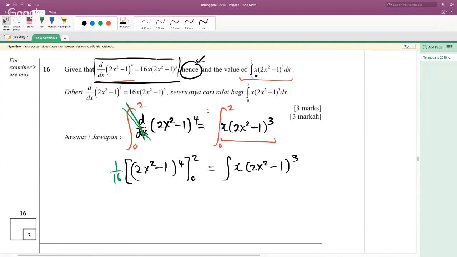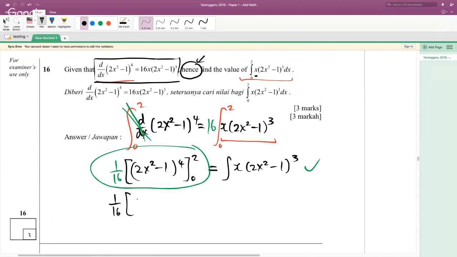So if I can solve this part, then I can get the answer for this one, isn't it? Since this is equal, this logic should be correct. So this is 1 over 16.